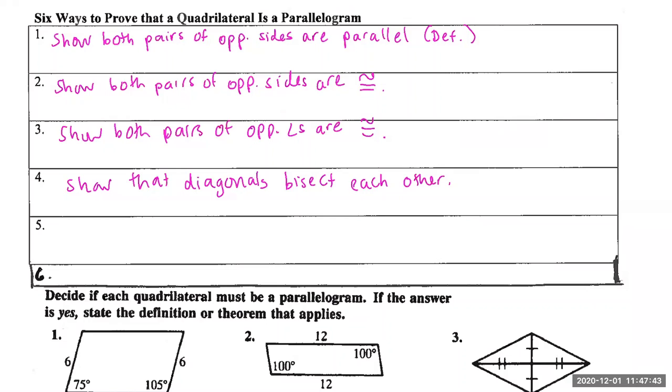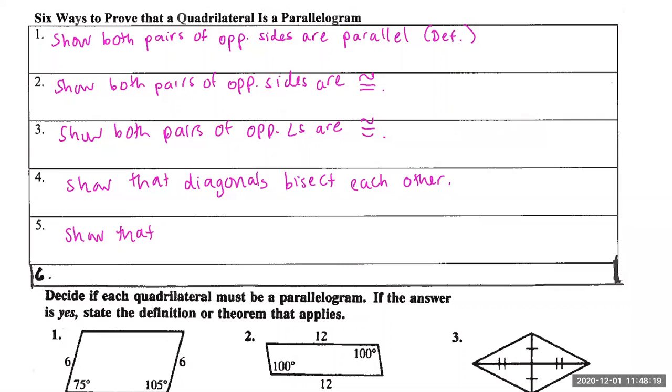Okay, there's two more left. One of them I didn't mention on the previous page, but there was one that you learned yesterday about angles. Very good. We haven't mentioned anything about consecutive angles or same side interior angles, right? In some textbooks, they don't list this one out as a reason.